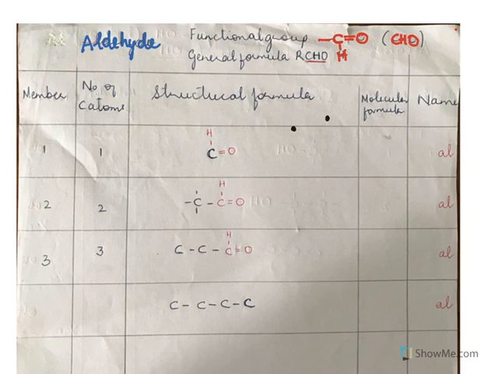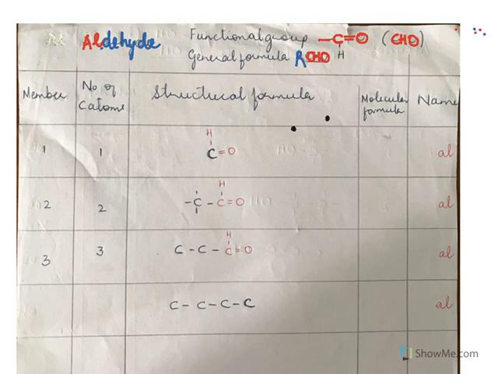The general formula for an aldehyde is R, and the functional group CHO. So the aldehyde carries the name Al, like methanol, ethanol, propanol, from the word aldehyde.